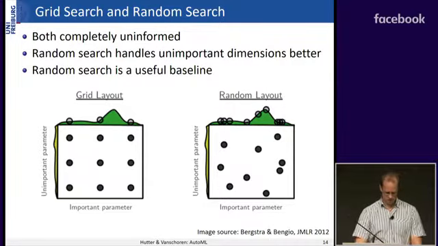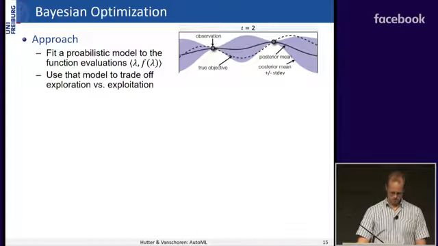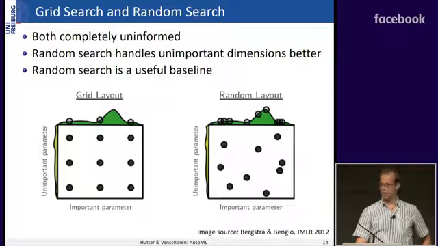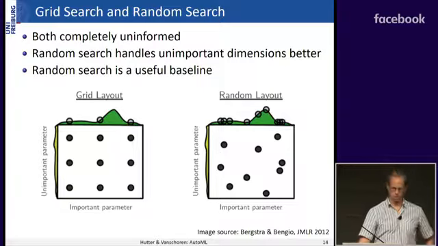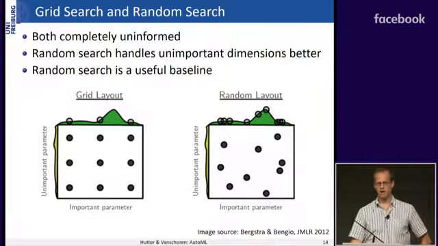So if you have, for example, 1 unimportant hyperparameter here and 1 important parameter, then what random search does with this budget of 9 function evaluations, you get 9 different values for this important parameter, and therefore can use your budget much more effectively than grid search, which would only get 3 values for this important parameter and get each of these evaluations 3 times because the unimportant parameter doesn't matter.